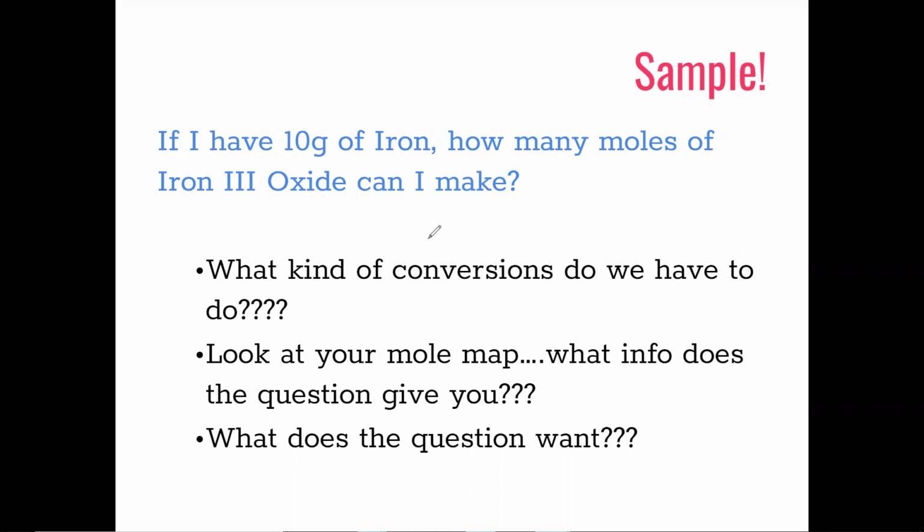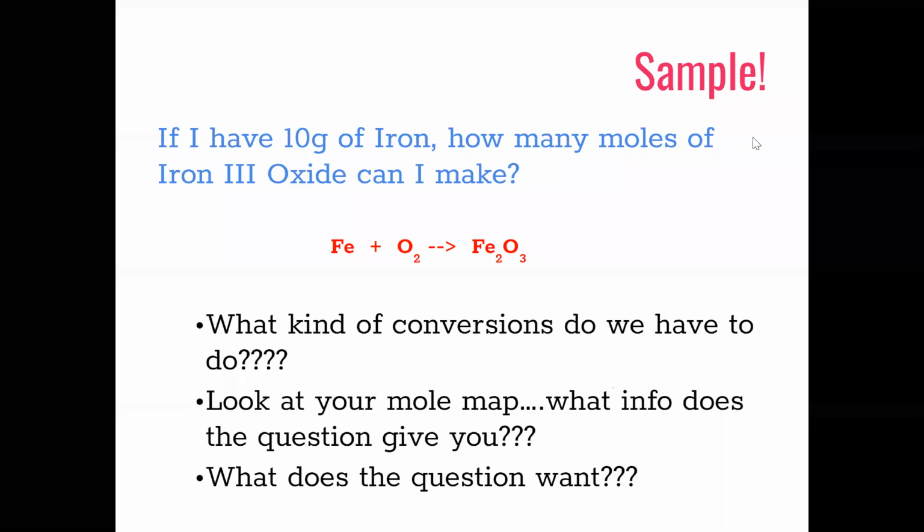You want to, 1, have an equation to start with, first and foremost. And 2, you have to figure out what the problem is asking you for and what your problem wants out of it. Okay, so boom, there's my equation, and let's analyze this question really quickly. This question says, I have 10 grams of iron.